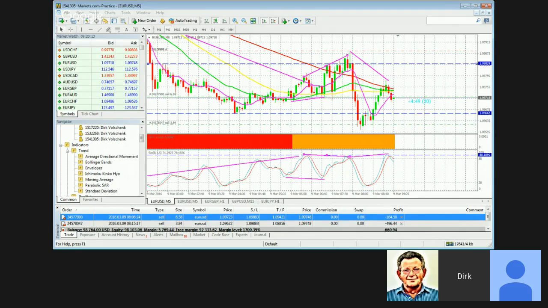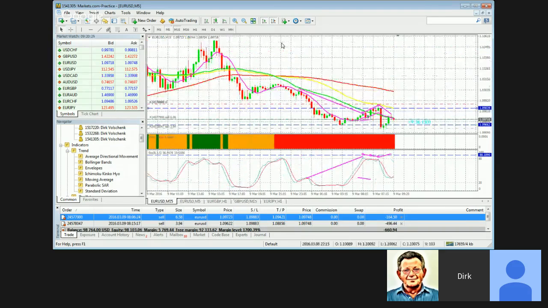Okay, confirmation's there. Now it's just to wait and see how far it will drop. The divergence is there. 15, let's look at what that's doing now. It's got the cross, but it's definitely looking like it's wanting to go lower, which is cool. That's what I want to see.